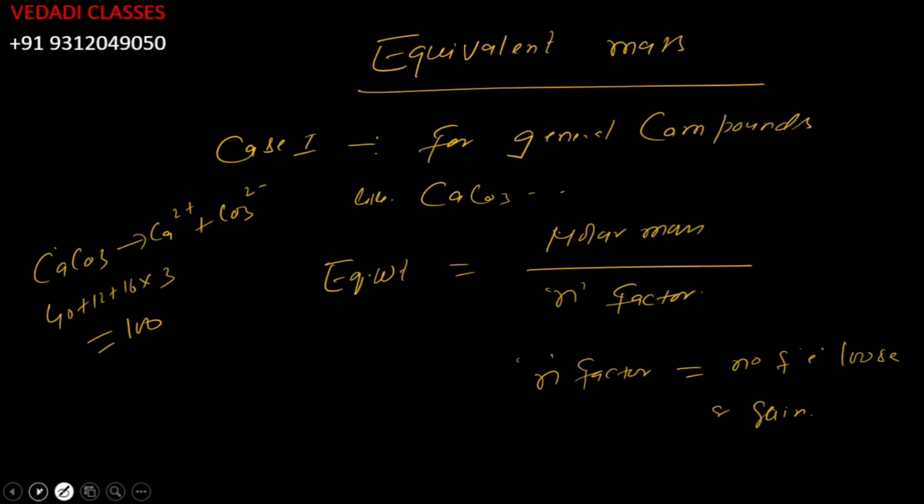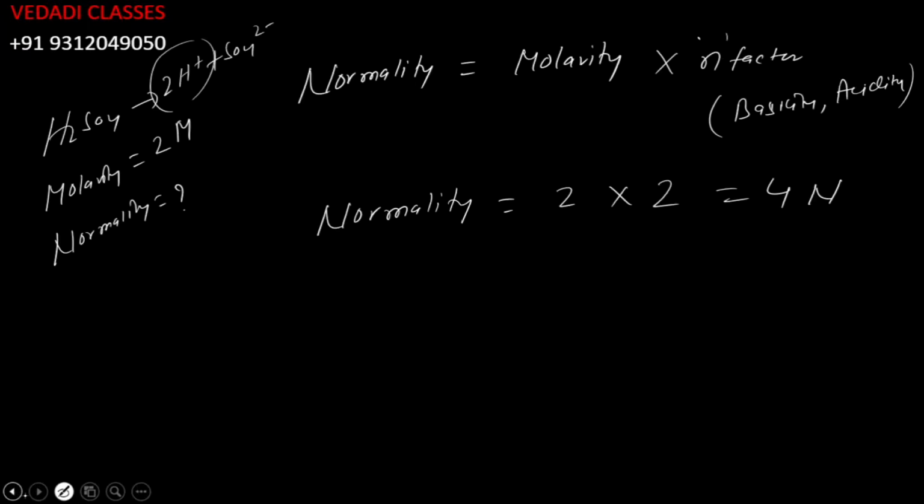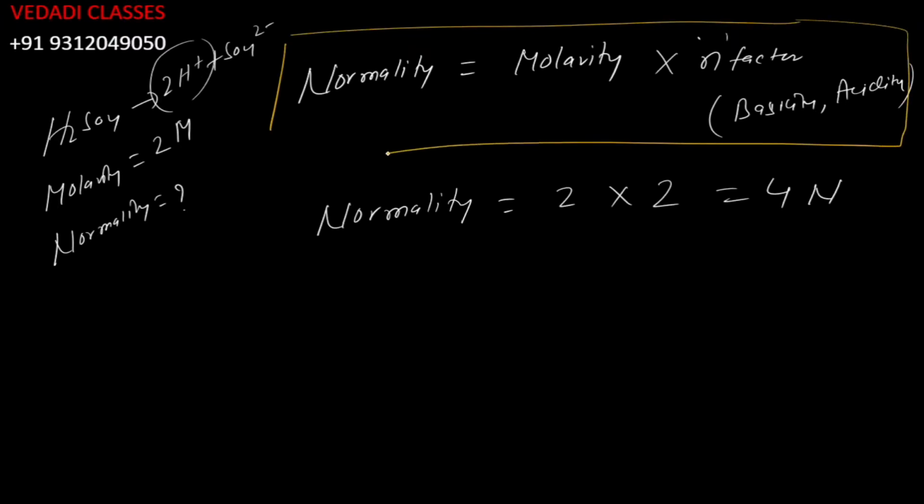You should keep in mind, these are very important too. So normality is equal to 4N. Accordingly you can find out. You should keep in mind this formula, which is also very important.